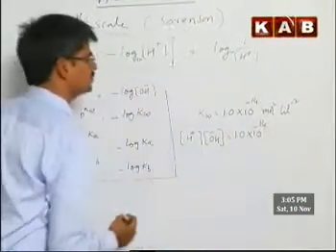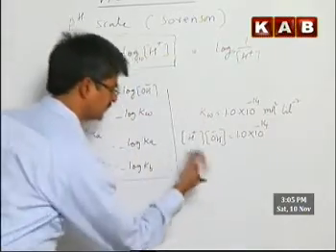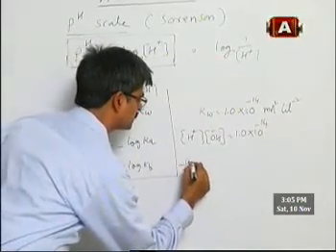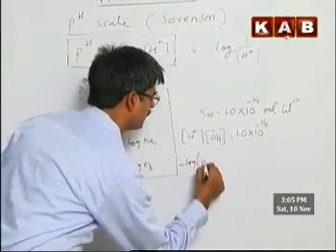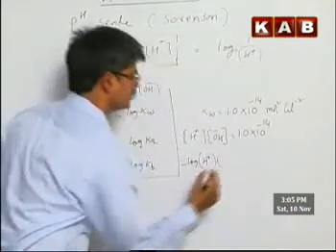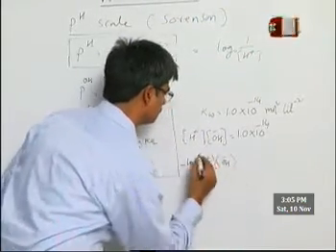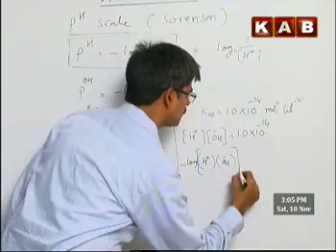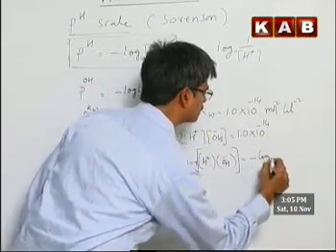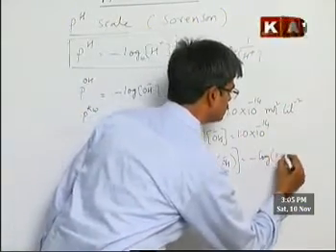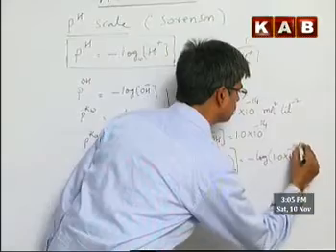So now when you take minus of log on both sides, that is minus log of H plus and then OH minus, which is equal to minus of log 1.0 into 10 to the power of minus 14.